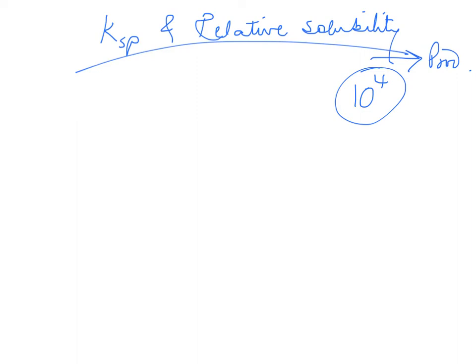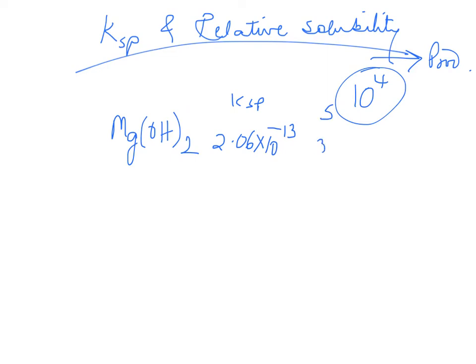Let's say you have two different salts. Let me pull two numbers from this table. Magnesium hydroxide has a KSP of 2.06 times 10 to the power of minus 13, and the solubility is 3.72 times 10 to the negative fifth.